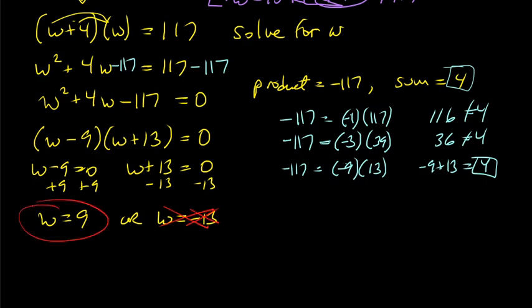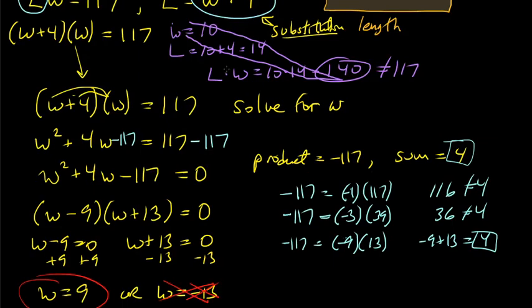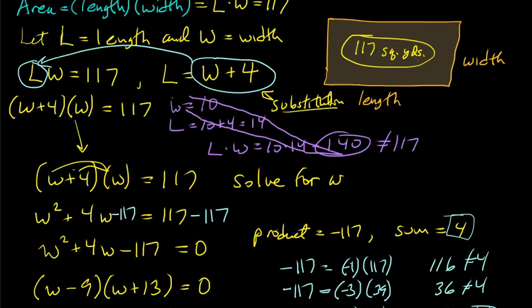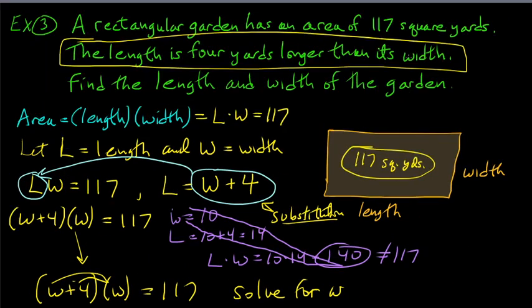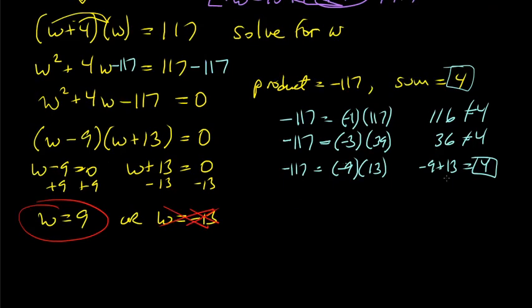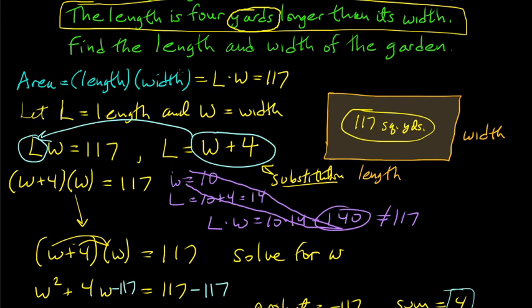But 9 what? It's not feet, it's not inches. It's in yards here. Again, we know that because it says yards in the problem. So W, which is the width, is 9 yards. But they also want the length.